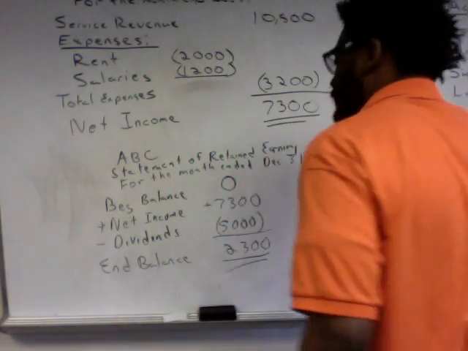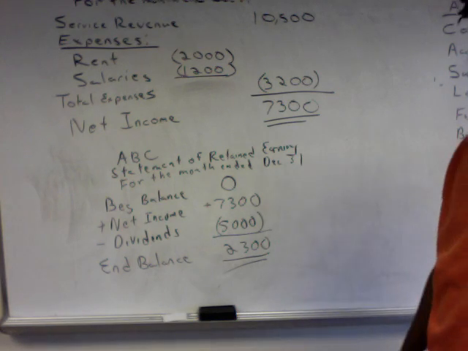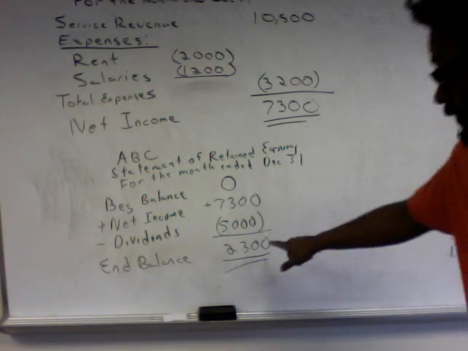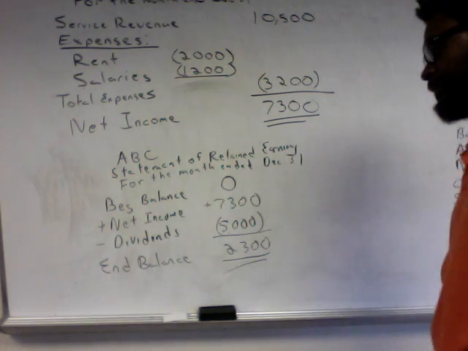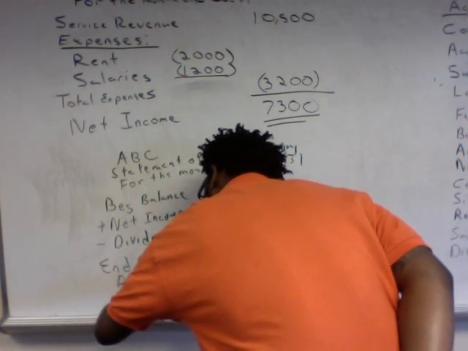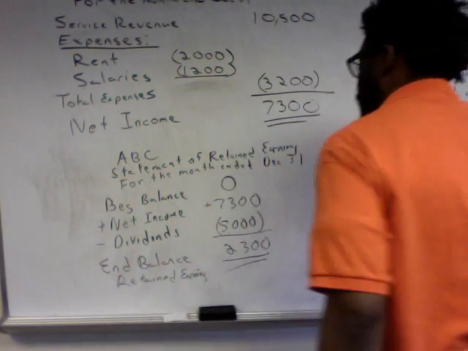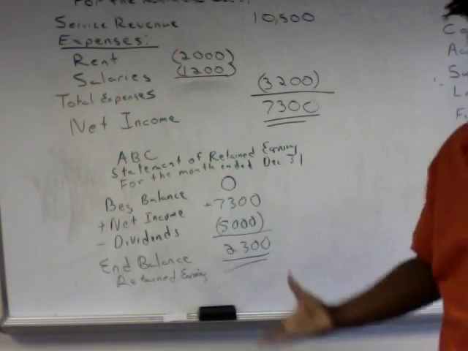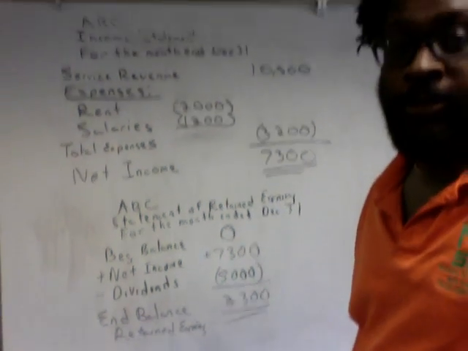So now we have a retained earnings account created for $2,300. And that ending balance for retained earnings is going to go to our balance sheet. So now we're going to create a balance sheet.